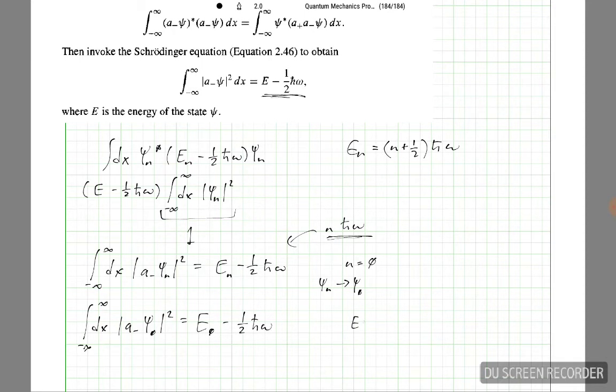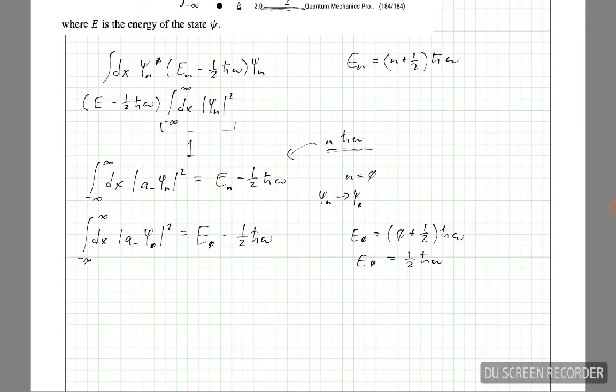Now E naught is just 1/2 h bar omega. We did this also in section 2.3.1. So what we know here is that our lowering operator acting on the lowest rung of our energy ladder takes us to 0.